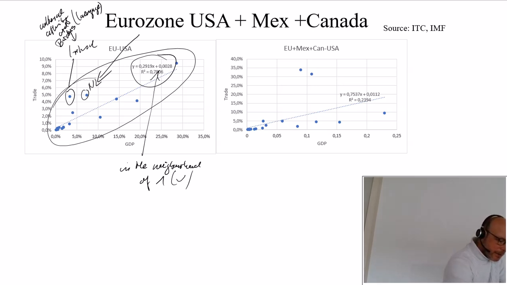And here, of course, you have the harbor. So this is the dimension.